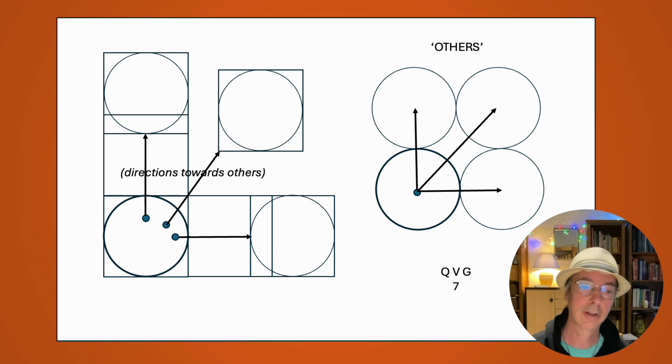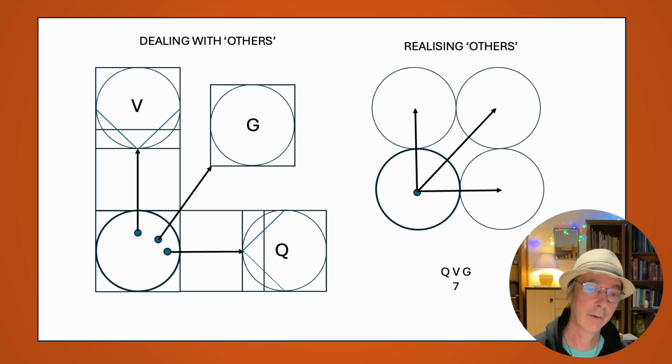No, we take a distance from our center position and we see how many other directions I can see: horizontal, vertical, diagonal. And we have here the next three letters: the V, which you can recognize as a letter, the Q, which you could also recognize as a letter, and the G, which has the farthest distance from our center position, as the difference, everything which is different and making a difference, or which is the other.